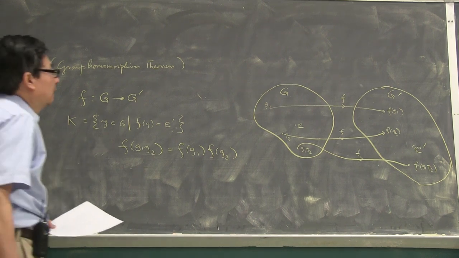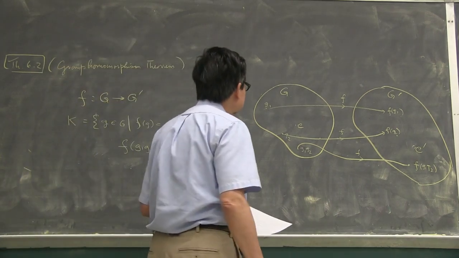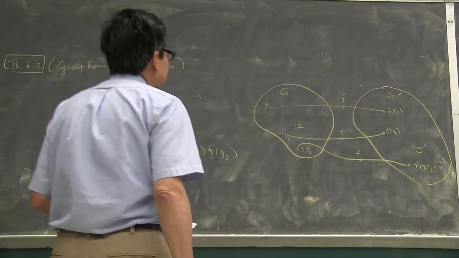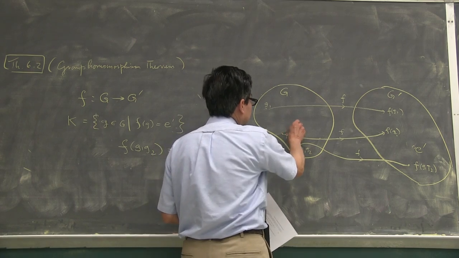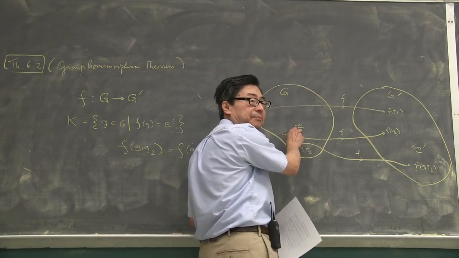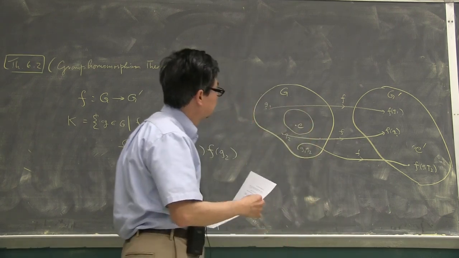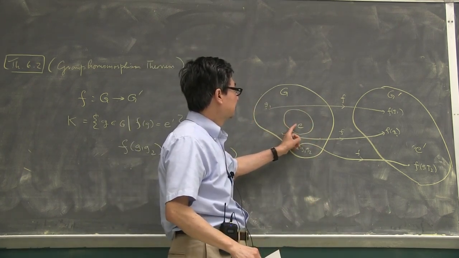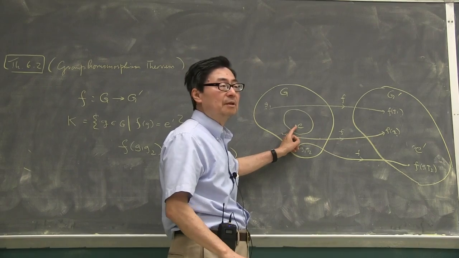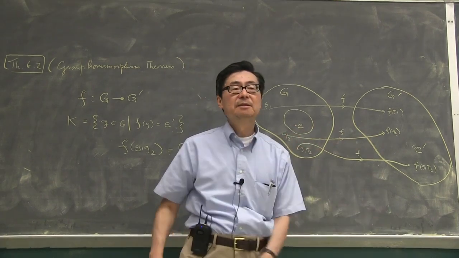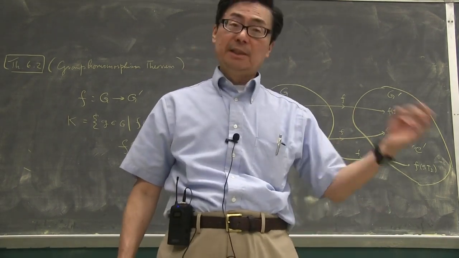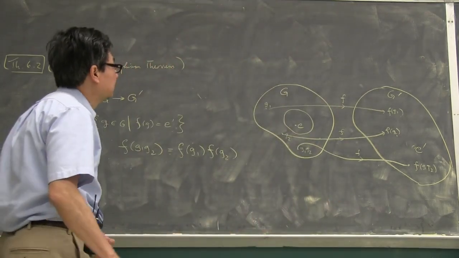And so let's define the kernel, right? The kernel will necessarily include the identity, but it may be much bigger than the identity, because a group homomorphism always maps one identity to the other identity, okay?